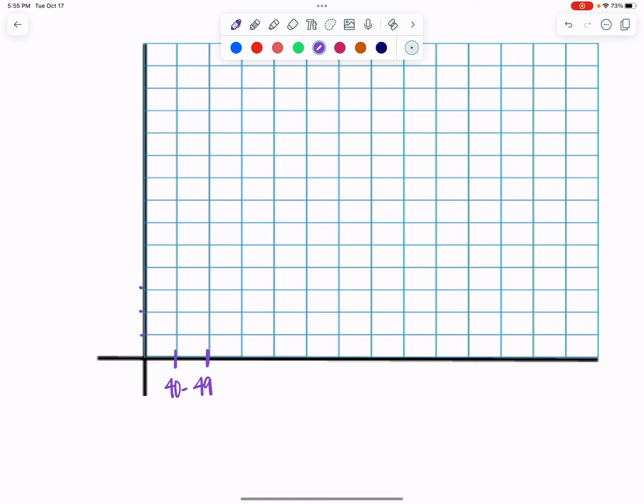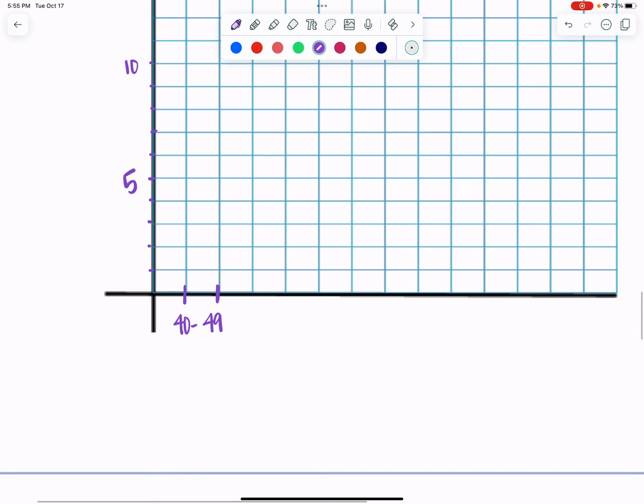I'm not going to number every single one of them. That tends to make things a little crowded, and we're not dealing with a big graph here. I only had one score in the 40 to 49 range. So my rectangle is only going to be 1 unit tall.